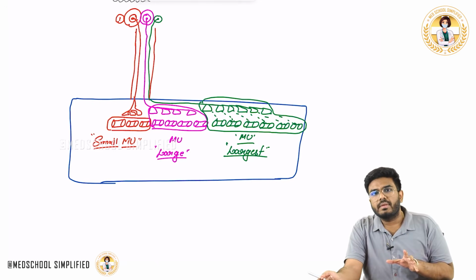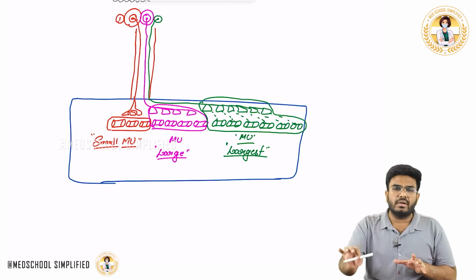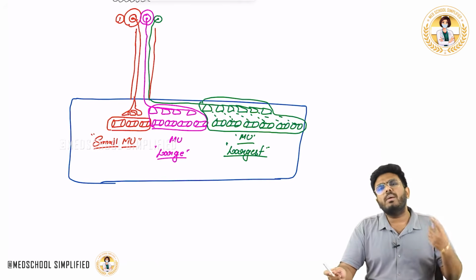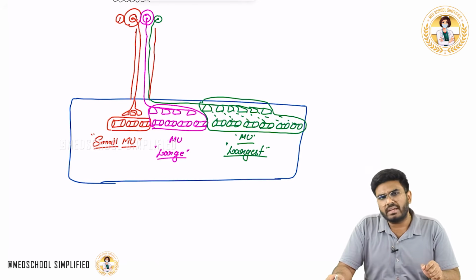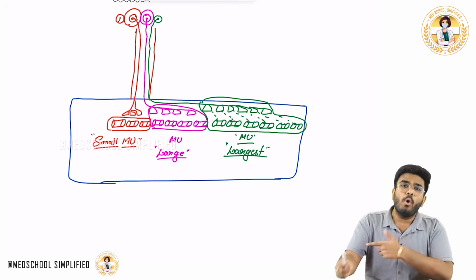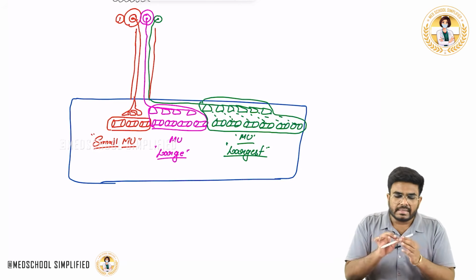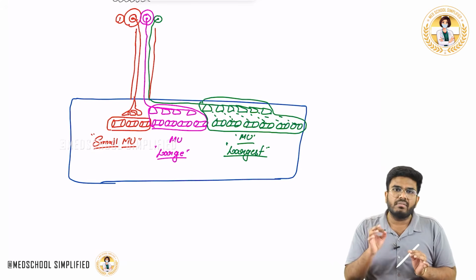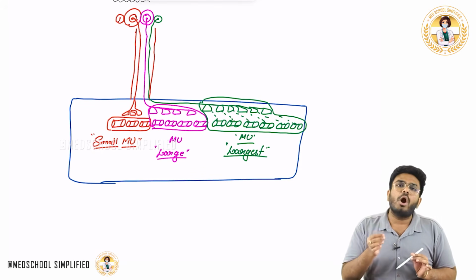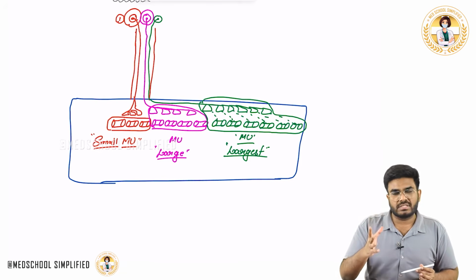Now tell me, if I want to do a little work, are more number of muscle fibers required or less number of muscle fibers required? Less number of muscle fibers required. More tension is required or less tension is required? Less tension is required. So, for easy works, for simple works, small motor units are activated first.